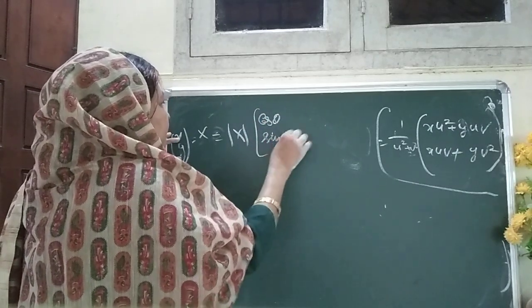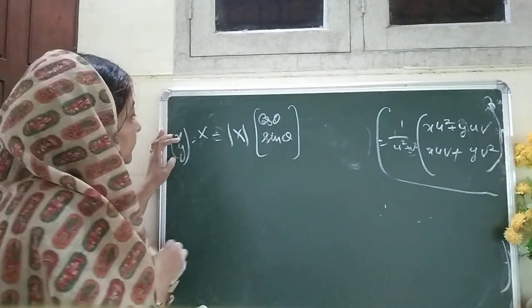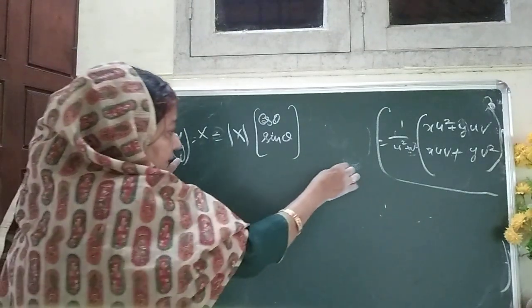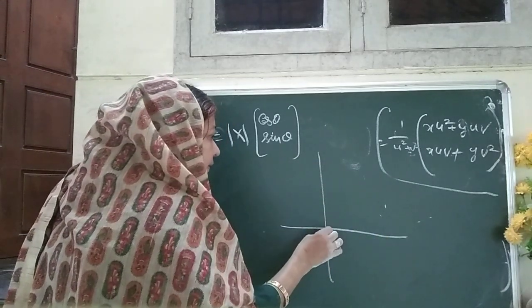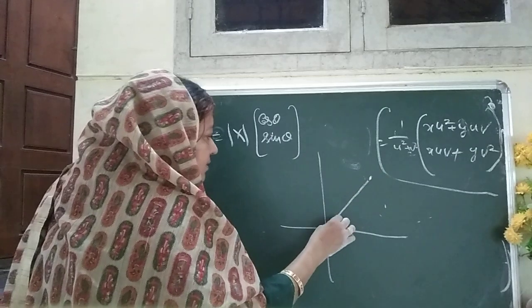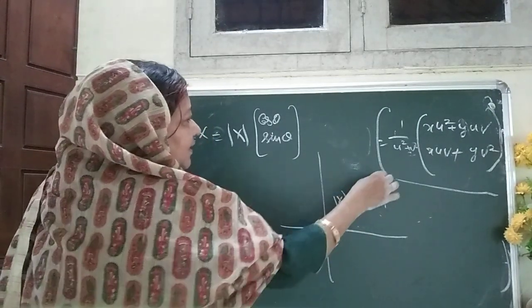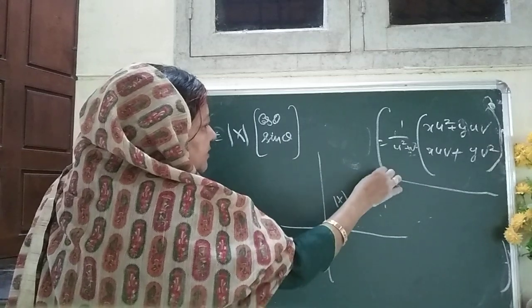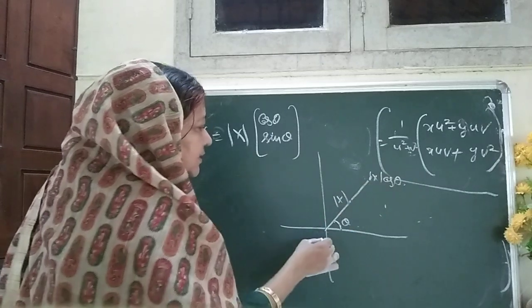So the point is at angle theta, then the x coordinate is mod x into cos theta, and the y coordinate is mod x into sin theta.